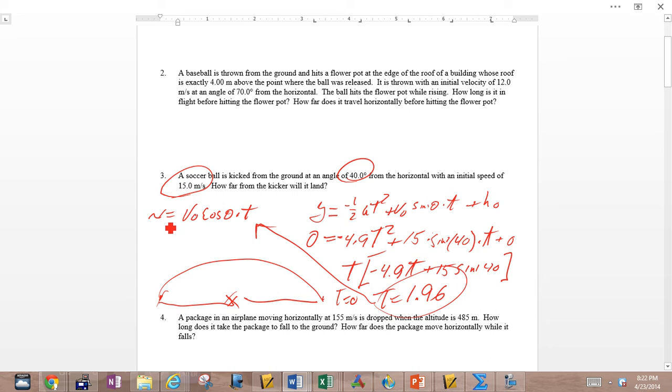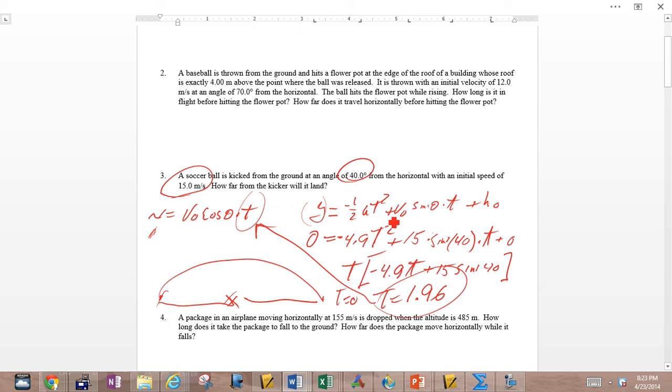The equation that we can use to find that distance traveled in the x direction is v0 cosine of theta times t. However, we don't know the time. So we have to get the time from the y equation, reasoning that when it hits the ground, the height above the ground, y, is 0.